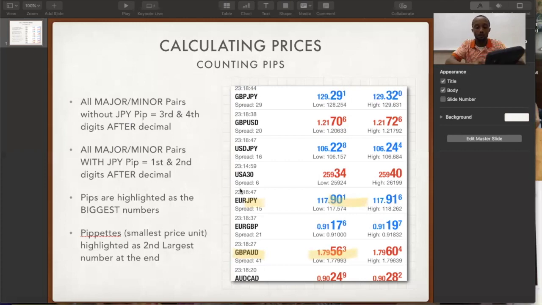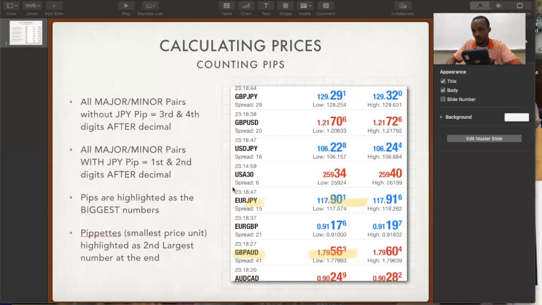And just to show you a quick example, hopefully you can see my phone up on the screen here. I have an order screen ready to place an order for GBP JPY. So I'm just going to hit the plus button for stop loss and bring it to an even 129.20.